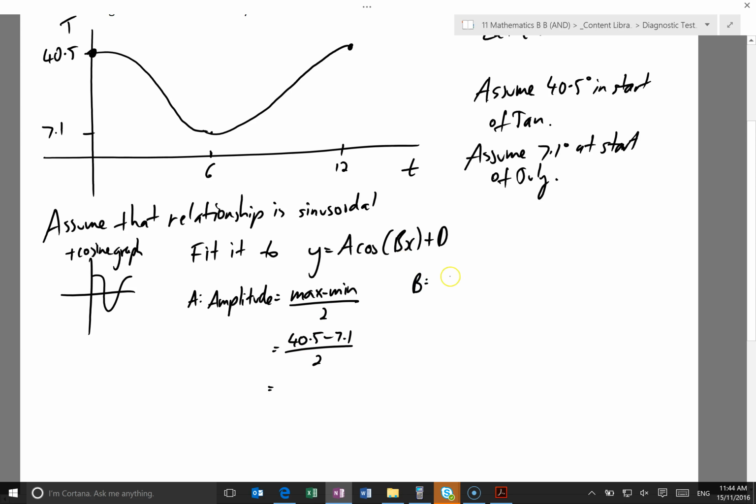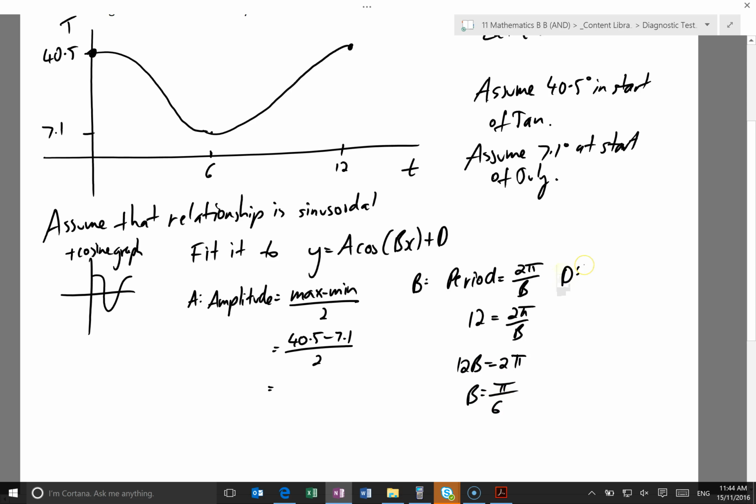For b, we know the relationship is the period is 2 pi on b. I know my period is 12 months. So 12b is 2 pi, or b is pi on 6.